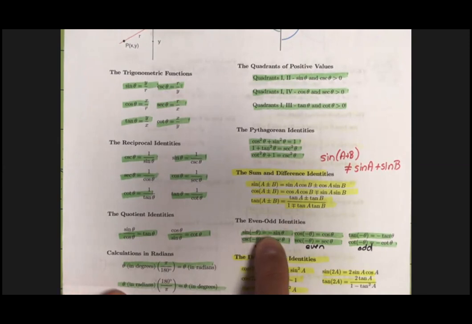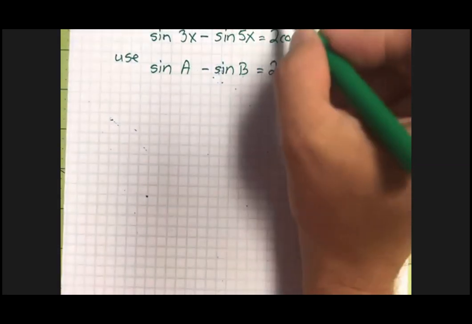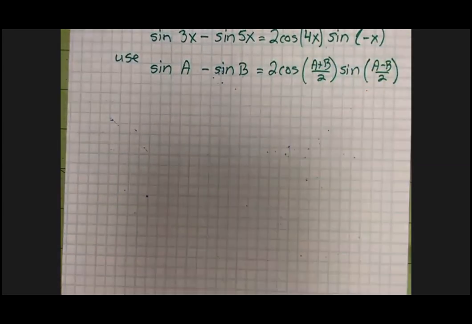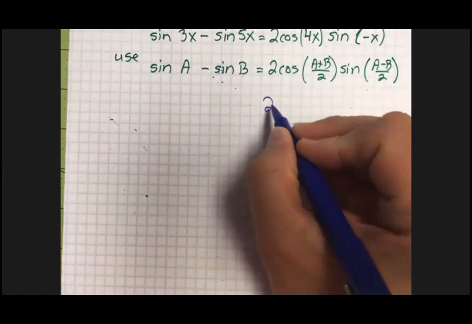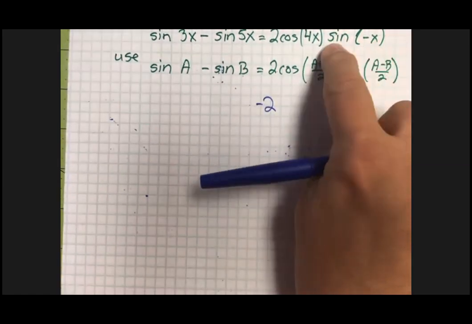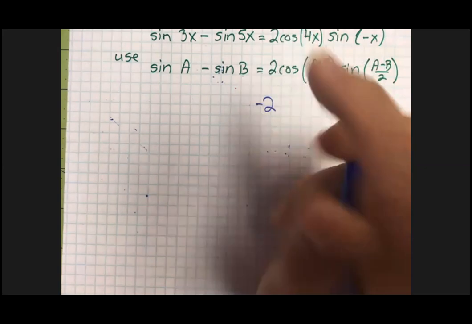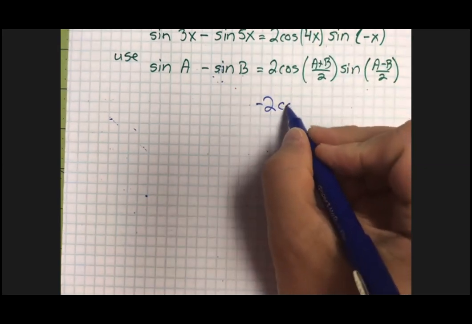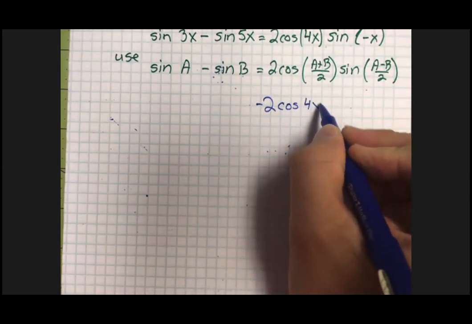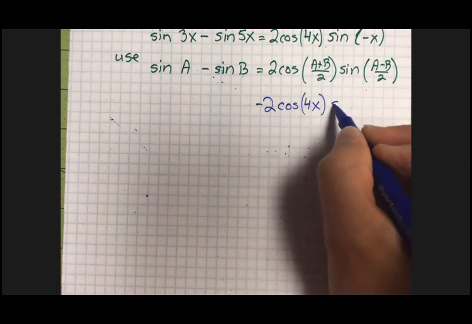Sine of minus theta is minus sine theta. Sine is an odd function, so the sine of minus x is equal to minus sine x. So I can replace this with minus sine x. Bring the minus sign out front. Negative 2 cos 4x times sine x.